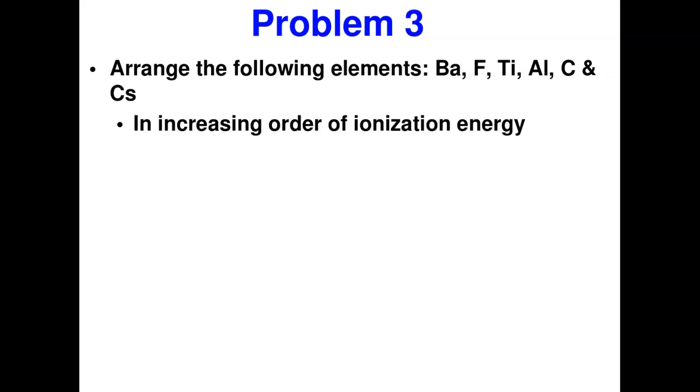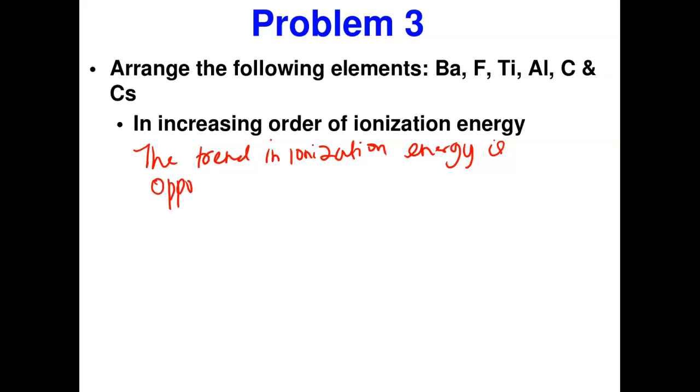Now it says arrange the same elements in increasing order of ionization energy. Remember what I told you earlier? I told you that the trend in ionization energy is opposite of the trend in atomic size.